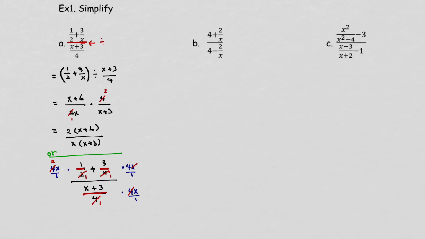So what's left over if you write it? It will be 2 times 1 over 1 times 1, so it will be just 2. And then the second term on the numerator will be 3 times 4 over 1, right?